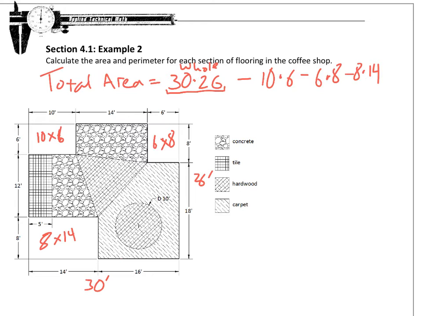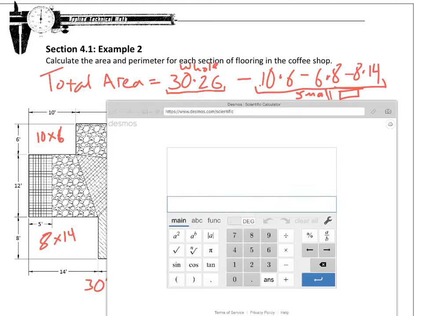Now, we're going to work on writing this as one expression. And we can see that everything's there. These are the small rectangles. Okay? So let's take our calculator here, and we'll just type it in. And we can let the calculator do all the computation.